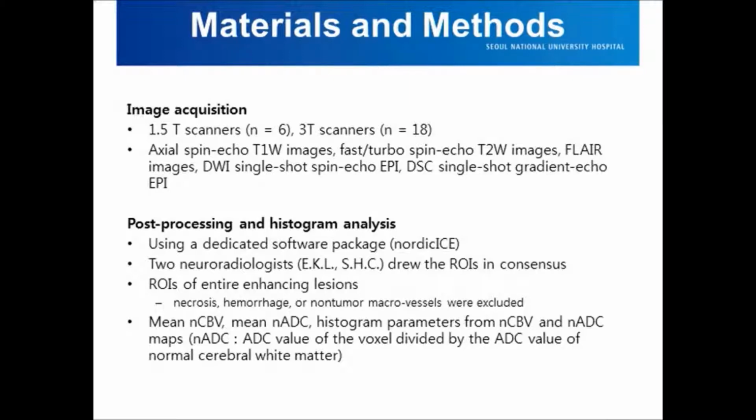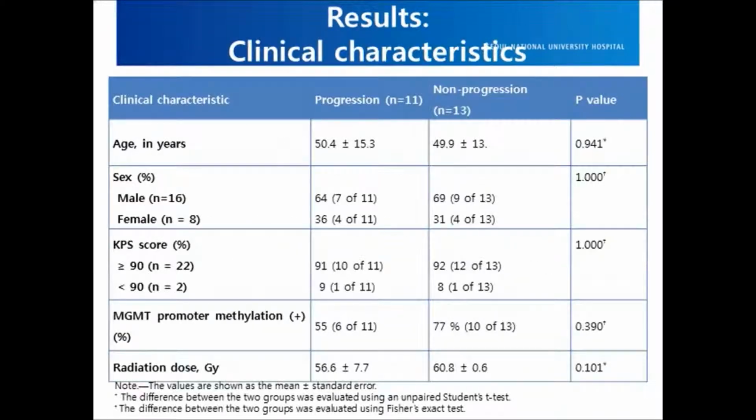nADC value was defined as the ADC value of the tumor cell divided by the ADC value of normal cerebral white matter. None of the patient clinical characteristics, including age, sex, KPS, MGMT promoter status, and radiation dose, were significant predictors of progression or non-progression.